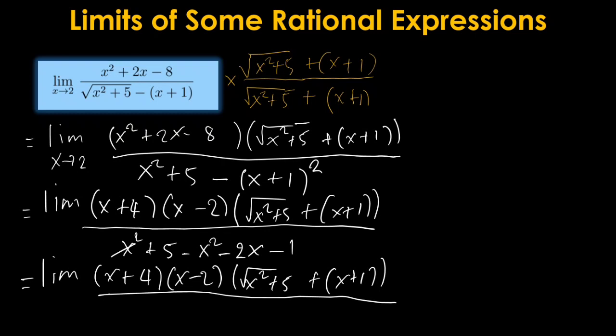Here, this will cancel out. So we will be left with 5 minus 1 is 4 minus 2x. We can factor out the 2.